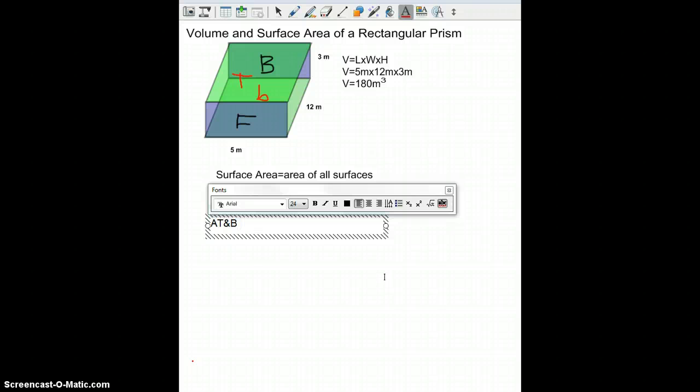And we're going to figure that out, and that is going to be done by our formula. It is equal to our length times width. And what are our values here? Well, the top, you can see that this was our length, so we got 5 by 12, or you can do it the other way around, it doesn't really matter.